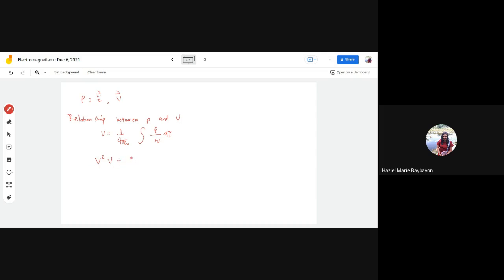We have Poisson's equation, the Laplacian of V equal to negative rho over epsilon naught. And then equations relating E and V: E is equal to the negative gradient of V, and V is equal to the negative integral of E dot dl.